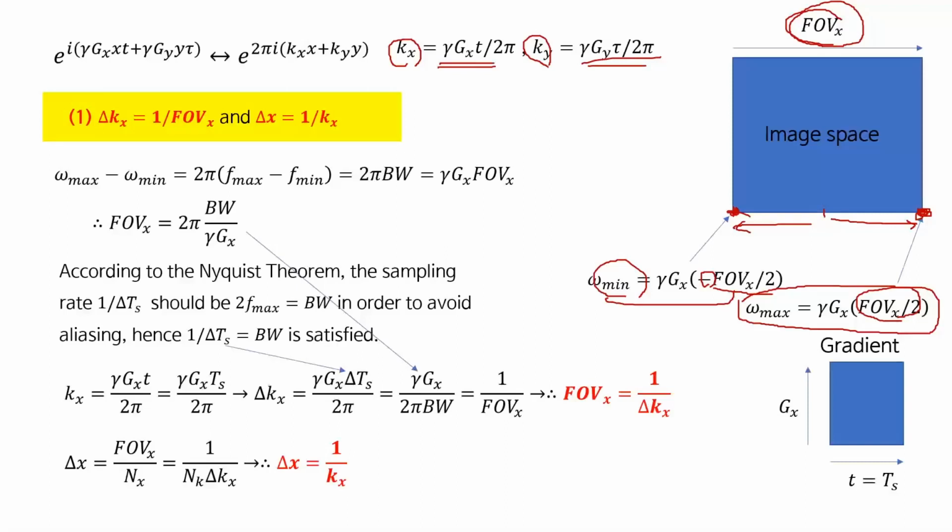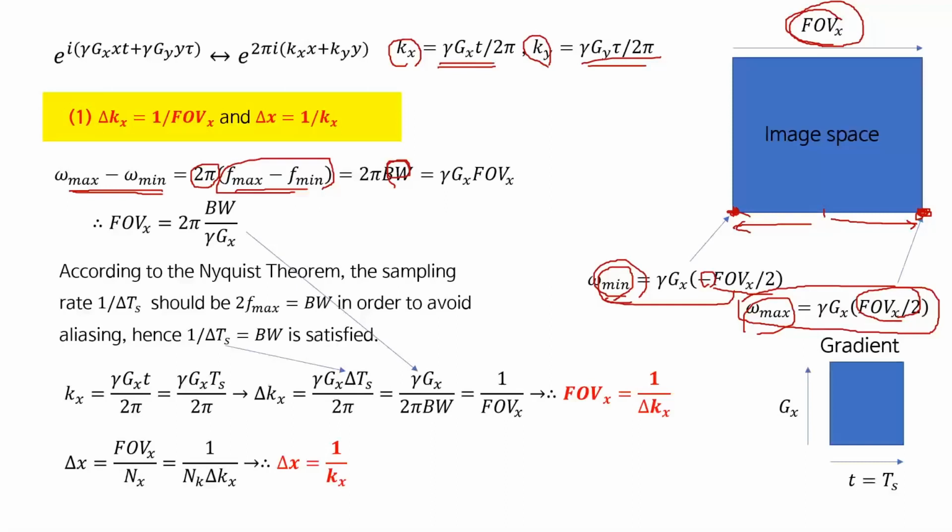Now subtract these two values, omega max minus omega min, and omega is 2 pi f, so 2 pi times f maximum minus f minimum. This gives the bandwidth.